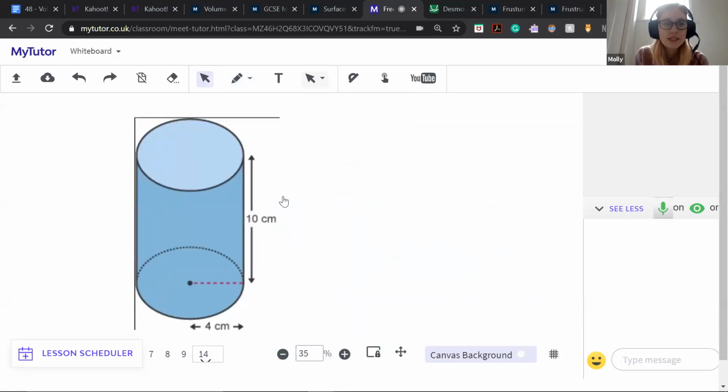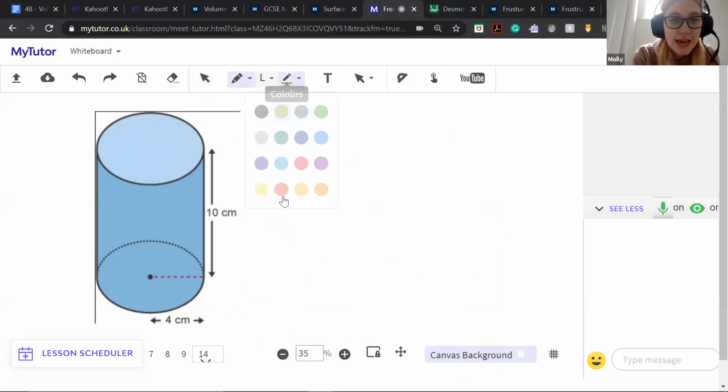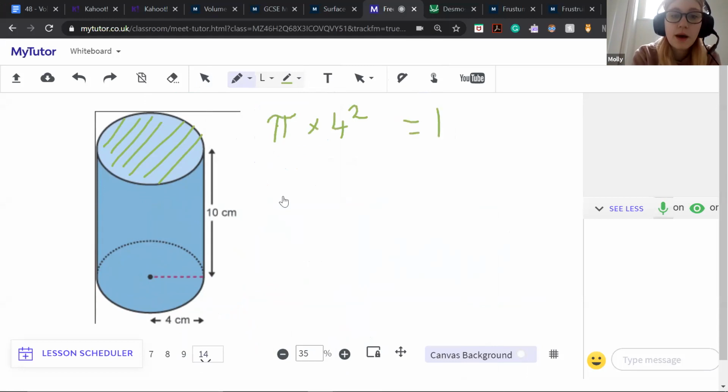So remember, we treat a cylinder just like a prism. So the first thing that we do is that we find the area of this circle, which we know has a radius of 4. So it's pi r squared, or 16 pi. And then we multiply that by the length, so 10.